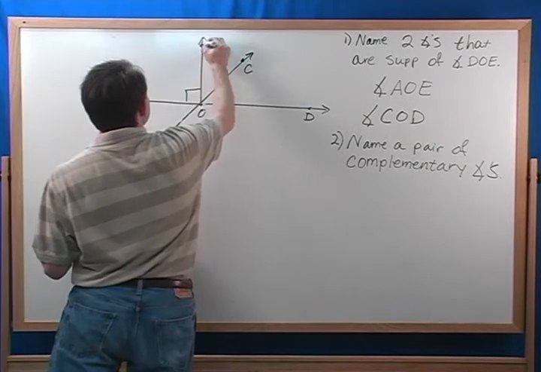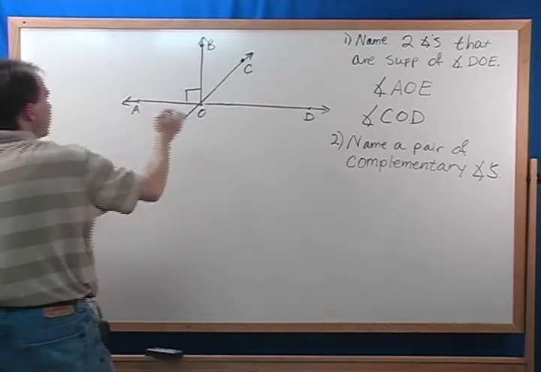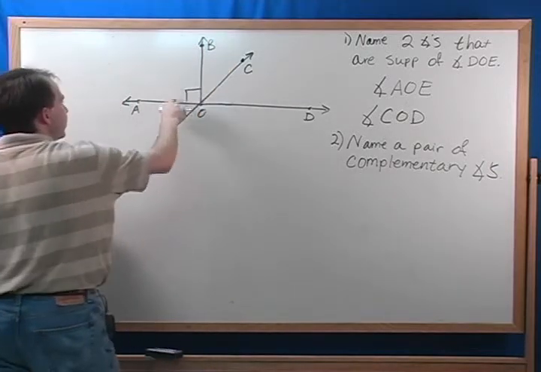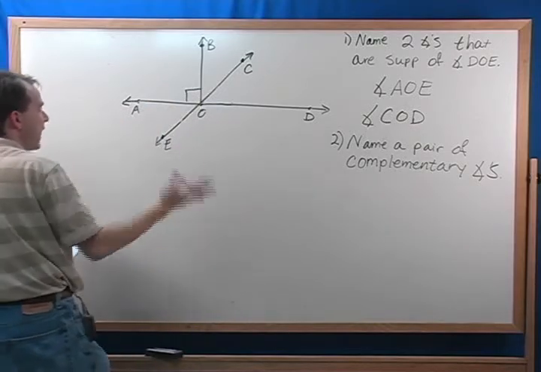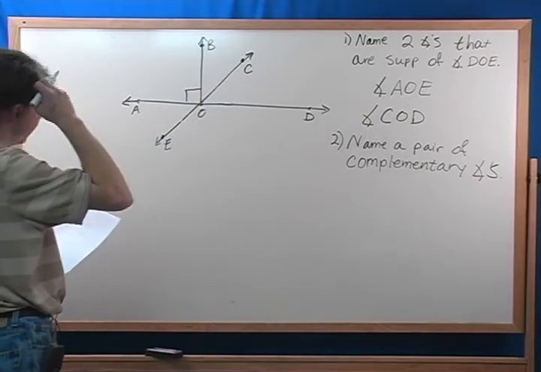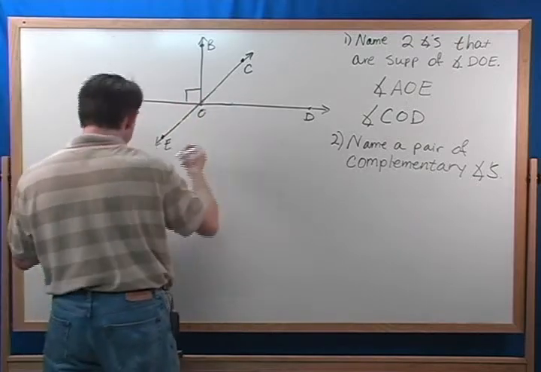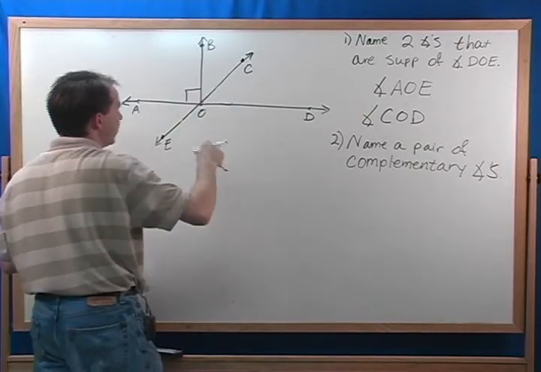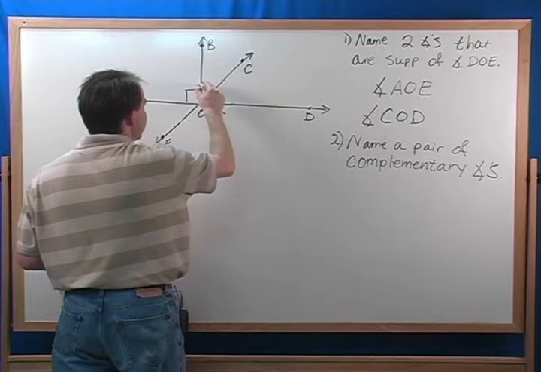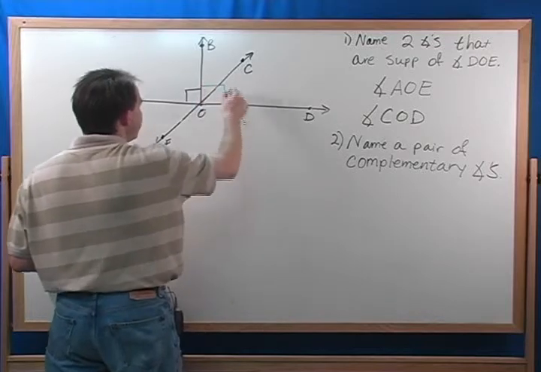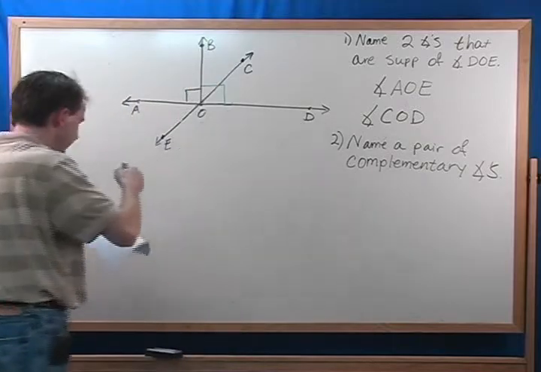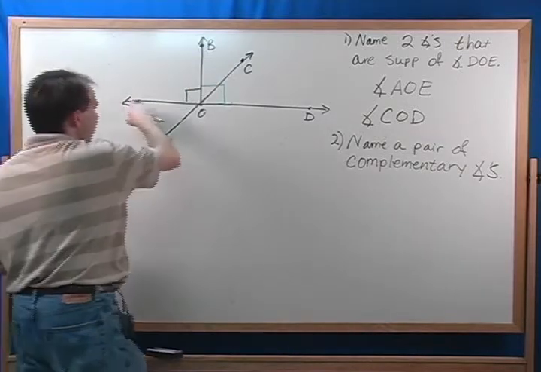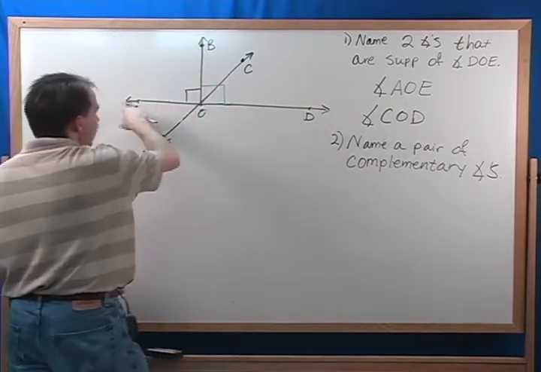Oh, I forgot to put this on my drawing. If you look at the drawing, you see this is 90 degrees right here. And the two angles that you pick have to also add up to 90 degrees. It may not jump out at you right away, but this big angle, BOD, must be 90 degrees also, because this is a straight line and this is a straight angle.